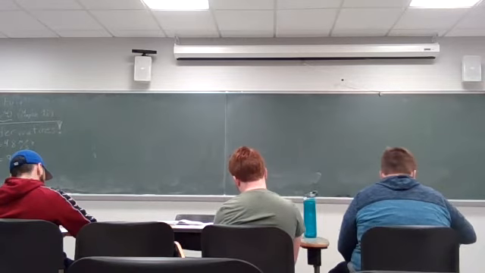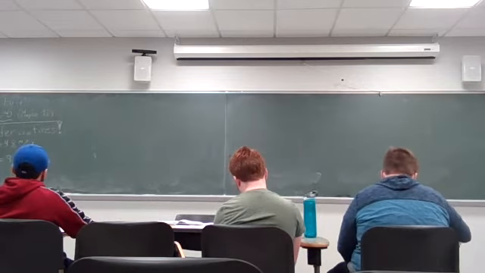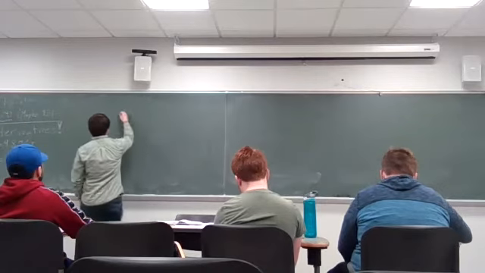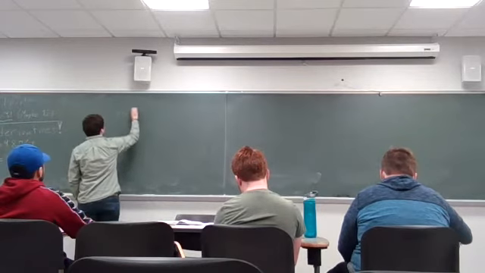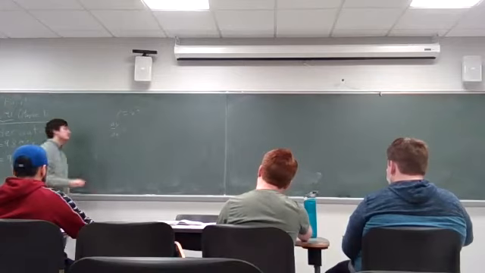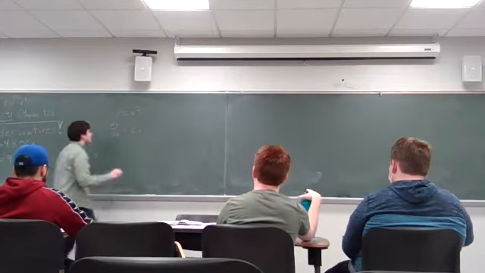Now, the thing we have to worry about here, though, that we didn't have to worry about with derivatives, is the fact that this is not unique. What do I mean by that? Let's go back to our x squared example. If I take the derivative of this, what's the derivative? 2x. Good.